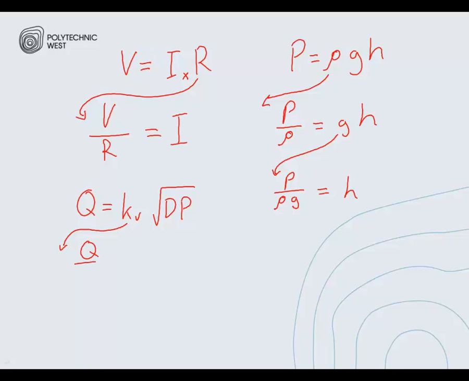Q over kV equals square root of dP. Now the square root sign, I can take the square root over the other side and make it do the opposite. So in other words, square all of this side: Q over kV, squared.